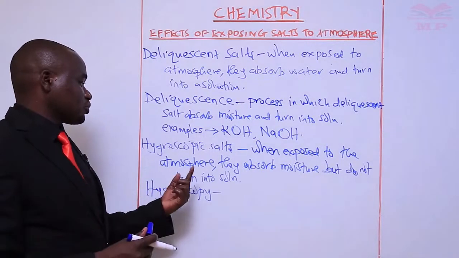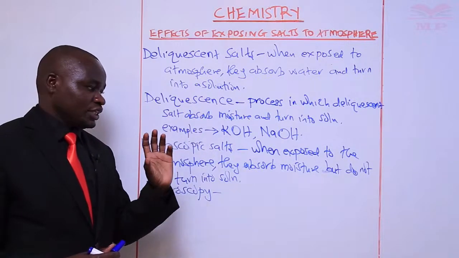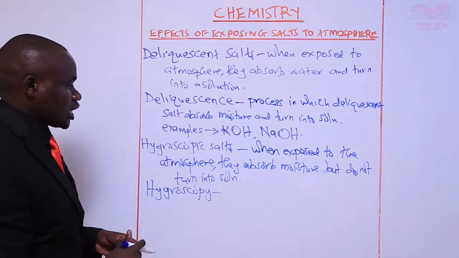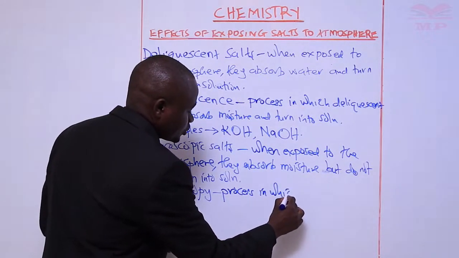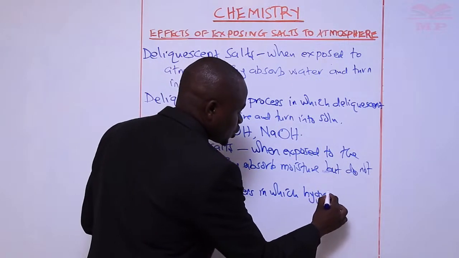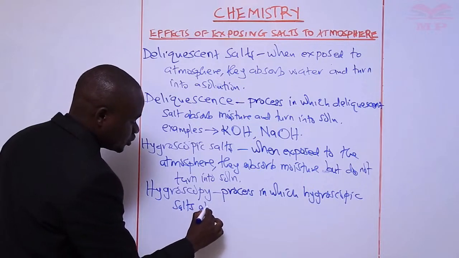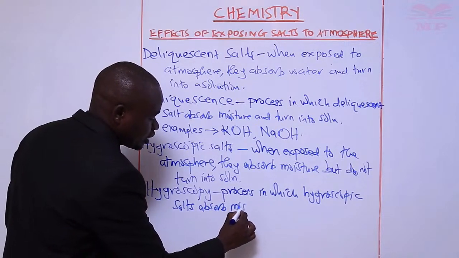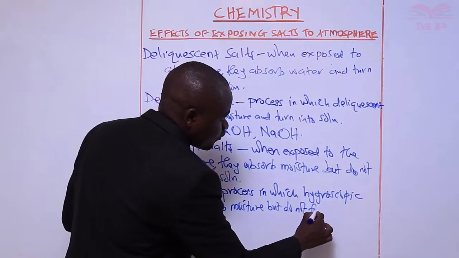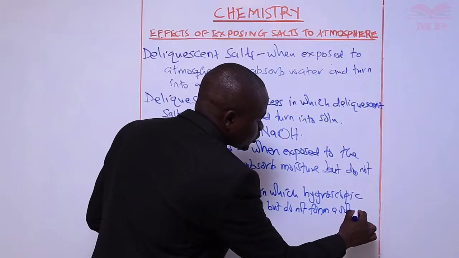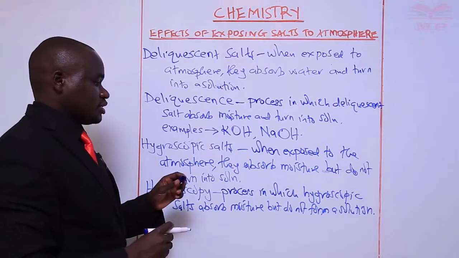So hygroscopy is the process in which hygroscopic salts, when exposed to the air, absorb moisture but do not form a solution. So hygroscopy is the process, but hygroscopic are the salts.